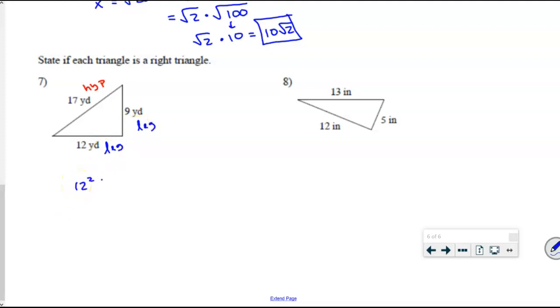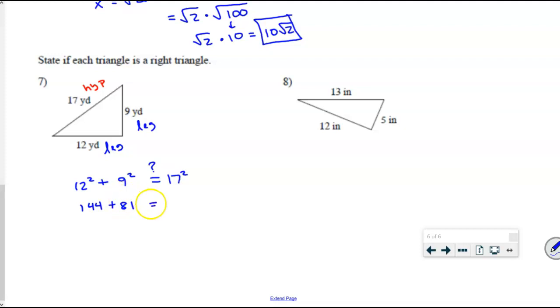12 squared plus 9 squared, I'm asking the question, is that equal to 17 squared? 12 squared is 144. 9 squared is 81.